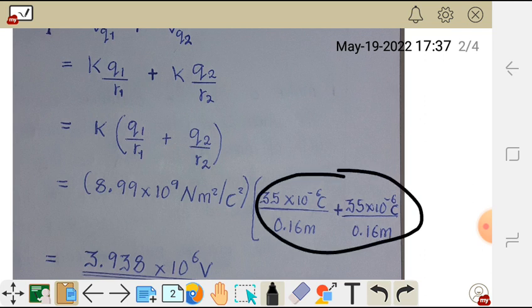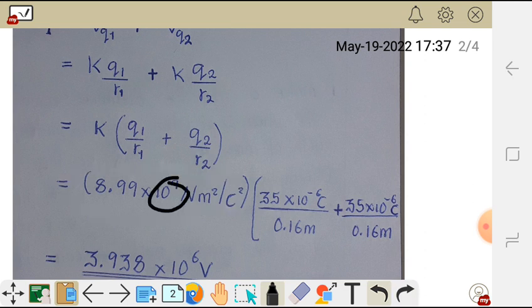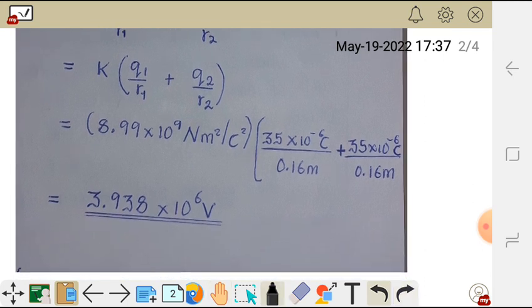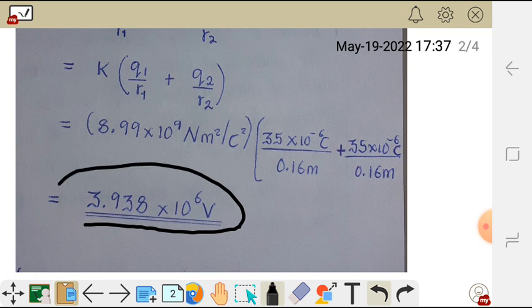Punch this on your calculator, then multiply by the constant 8.99 by 10 to the power 9. You will find that V1 is 3.938 by 10 to the power 6 volts.